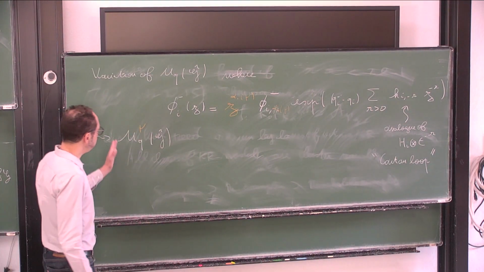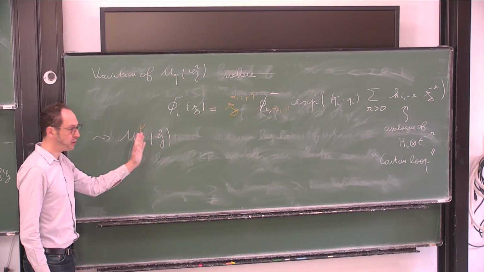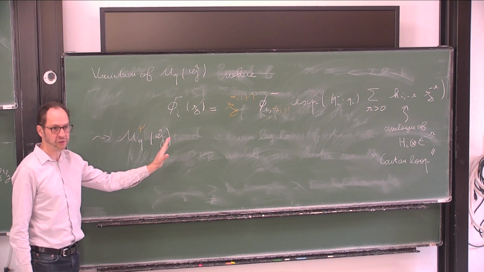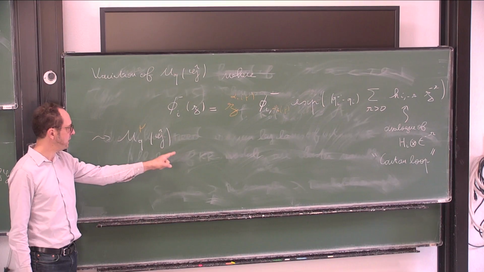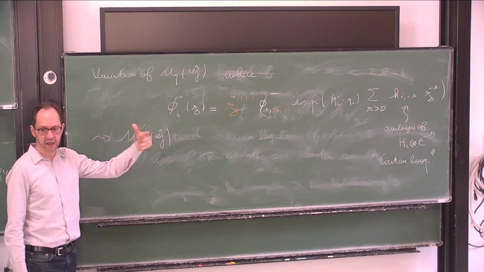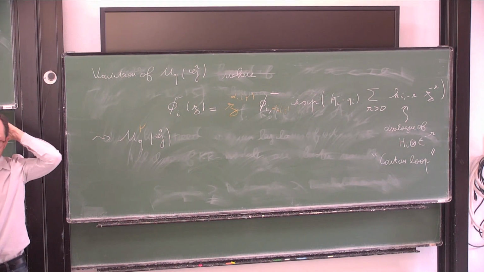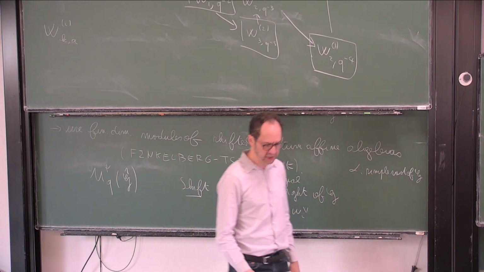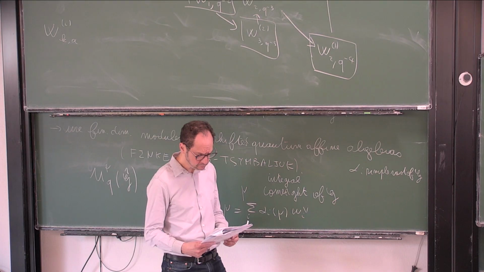Originally they are interesting because some of their quotients, the truncated shifted quantum affine algebras, are closely related to K-theoretical Coulomb branches. This is one original motivation to study them.